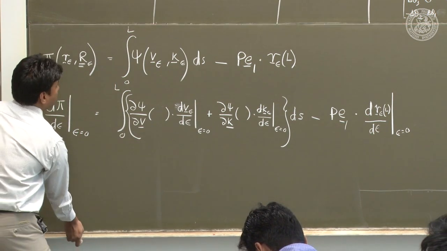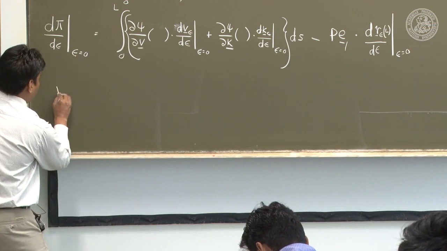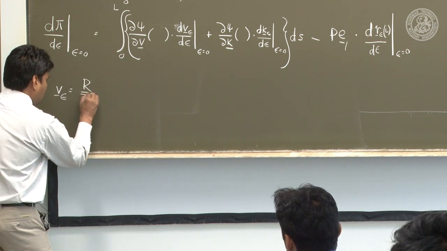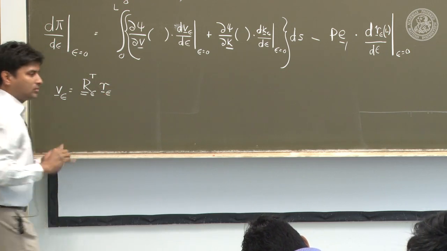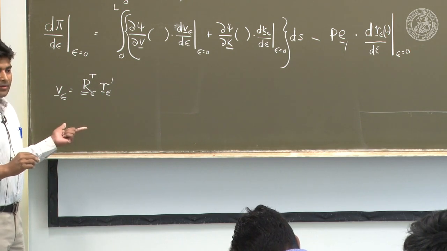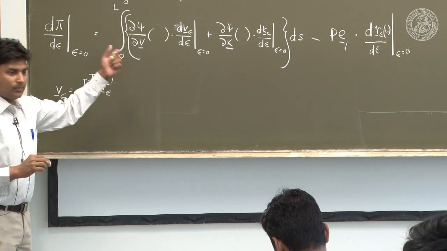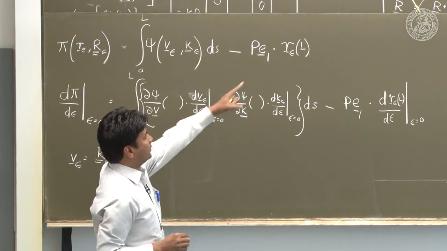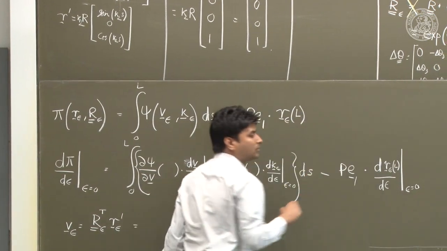So, let me work out this V epsilon. What is V epsilon? Very simple: big R epsilon transpose little r epsilon prime, isn't it? V was R transpose r prime, so V epsilon will be the epsilon version of them. Now what is big R epsilon? You have to see on the top, that is your big R epsilon.